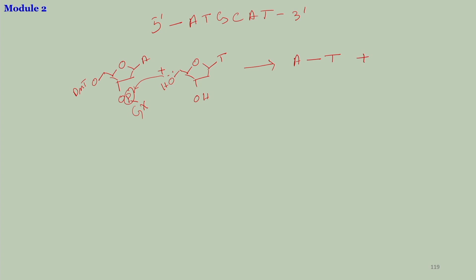What else do you get? One A may react with another A, that will give you AA. One T may react with another T, that will give you TT, plus you will have unreacted T, I am writing the hydroxyl group free because of this, plus unreacted A. Not all reactions are complete.